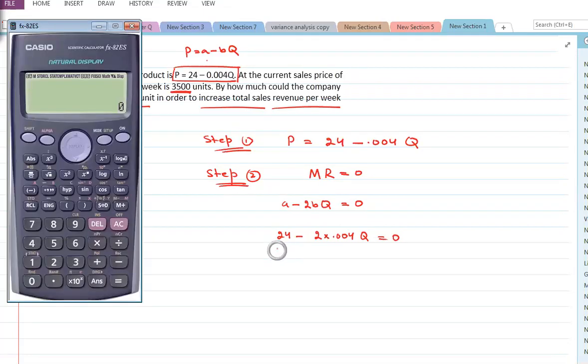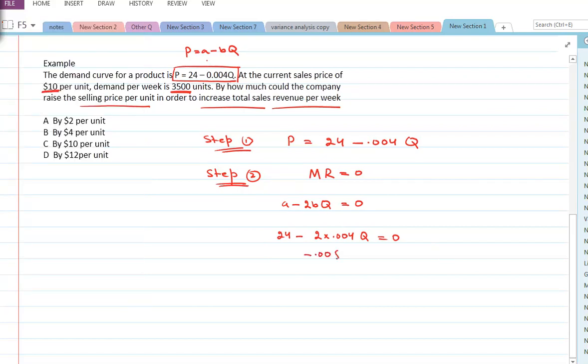Now, 24 will move to the other side of the equation, so that will become minus 24, and this will become 2 multiplied by 0.004, which is 0.008. So this will become minus 0.008Q is equal to minus 24.